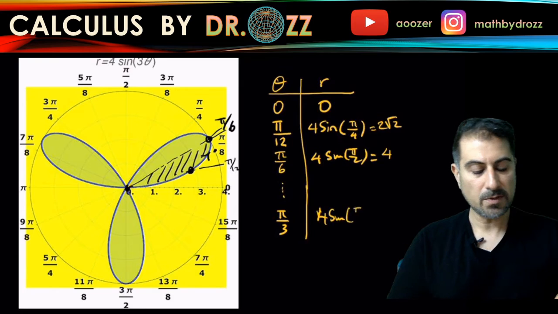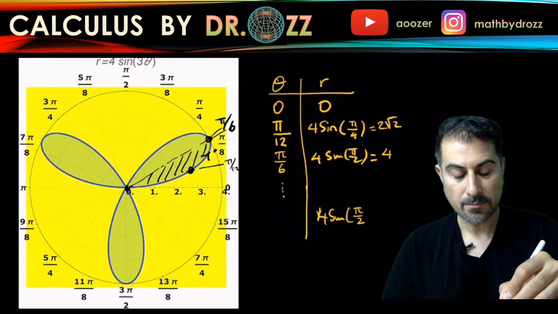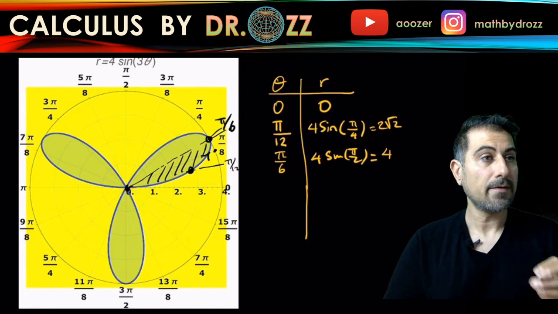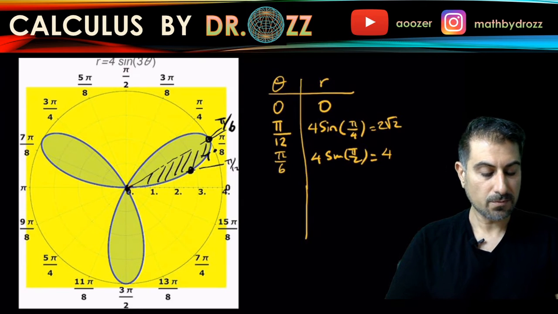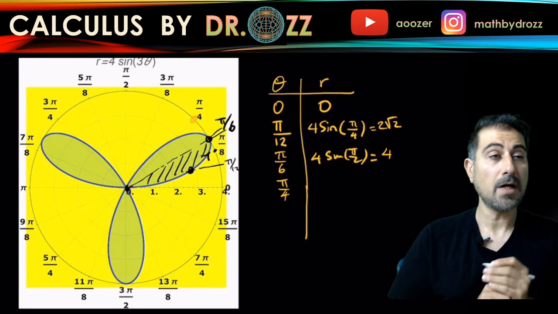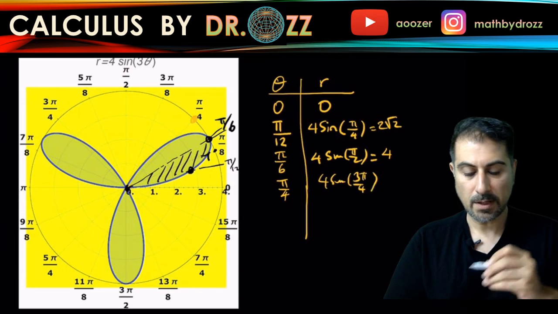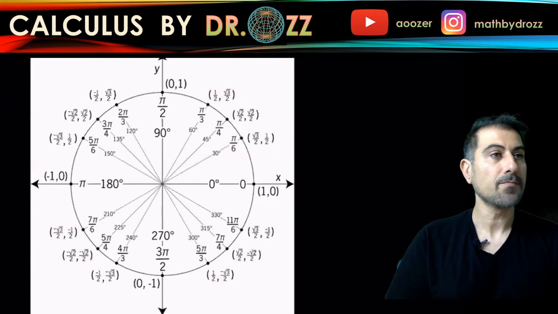Maybe we should get one more in-between angle, okay? So I have pi over 4 here. Pi over 4 is right here, okay? So for pi over 4, it's 4 times sine 3 pi over 4, okay? Let's just go ahead and check sine of 3 pi over 4. So it's radical 2 over 2, okay?